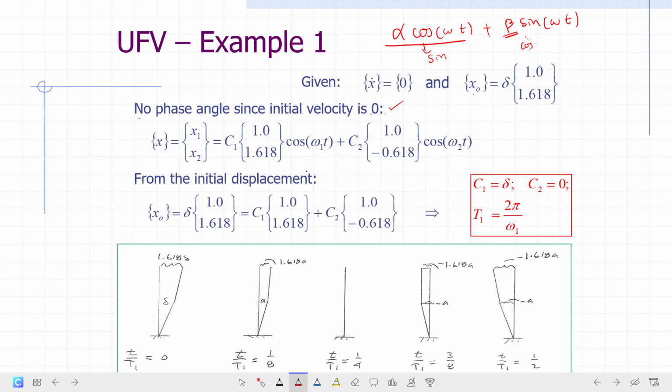So now the solution is in this form: C1 times the mode shape 1 times cosine omega 1 t, plus C2 times the mode shape 2 times cosine omega 2 t. Use these two initial conditions to find C1 and C2. So actually C1 is delta and C2 is zero.